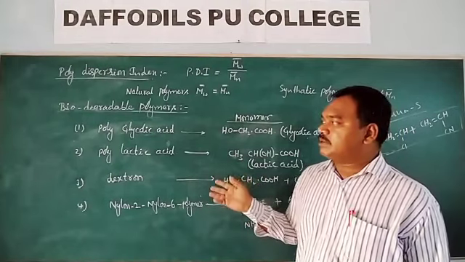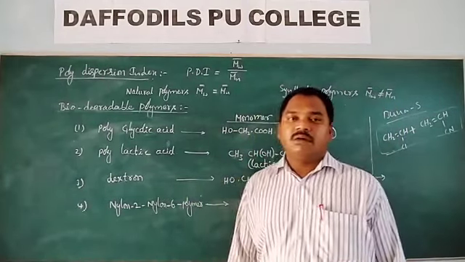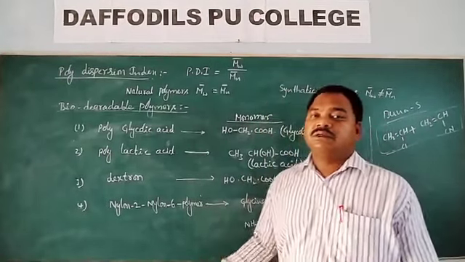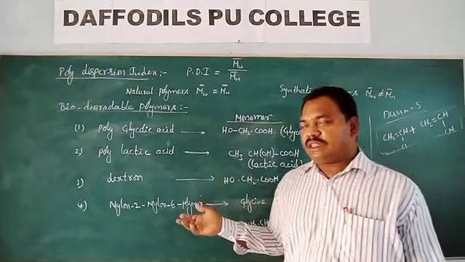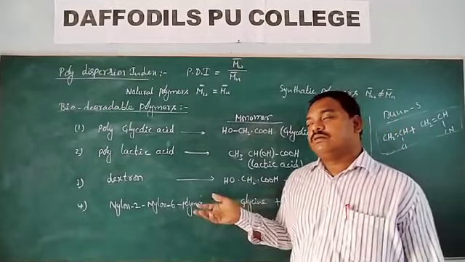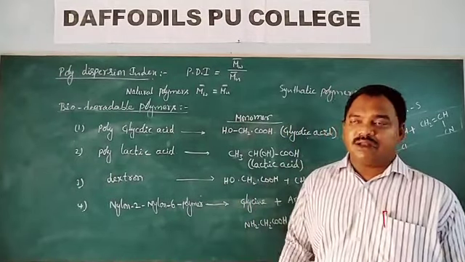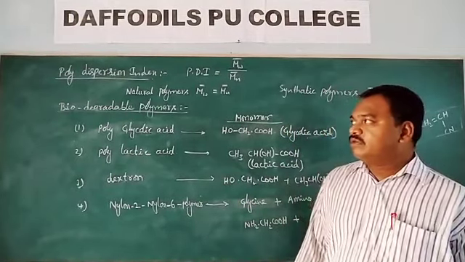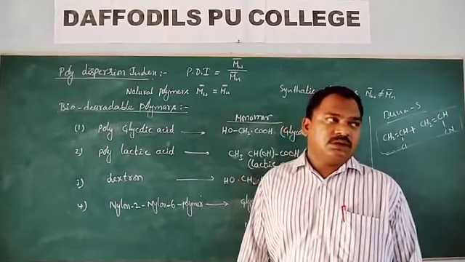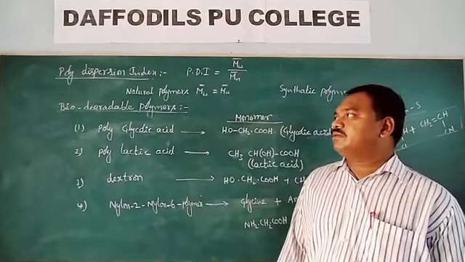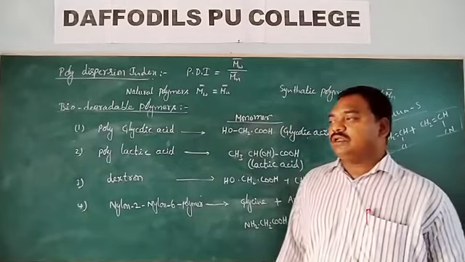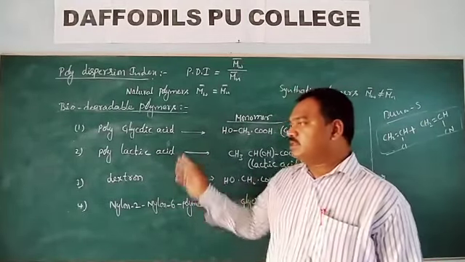In polyglycolic acid? In dextron? In Dacron? In Buna rubber? Like that they are asking. So first you have to remember all the monomeric units. In most exams, from this chapter 90% of the time the question is about monomeric units.